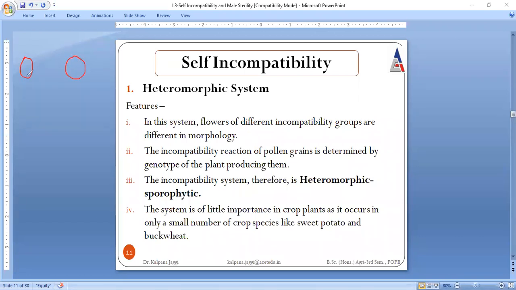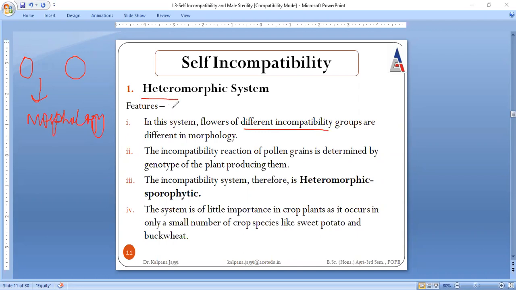The flowers of different incompatibility, different incompatibility meaning they are complementary to each other, will also be different in terms of morphology. Very important.